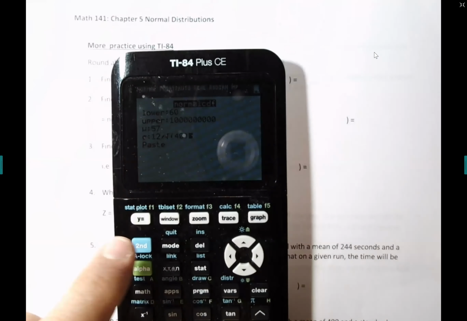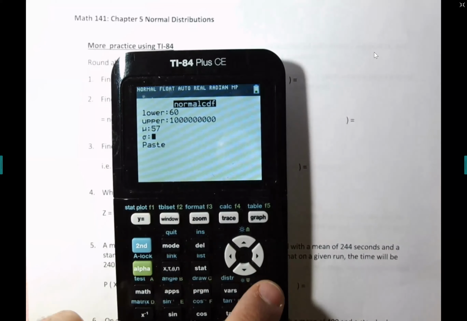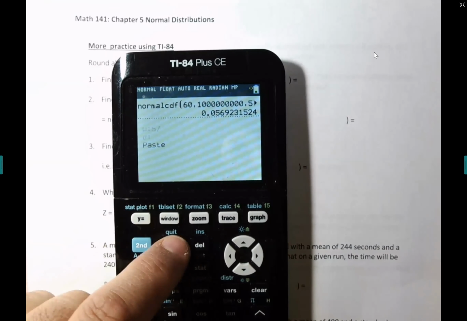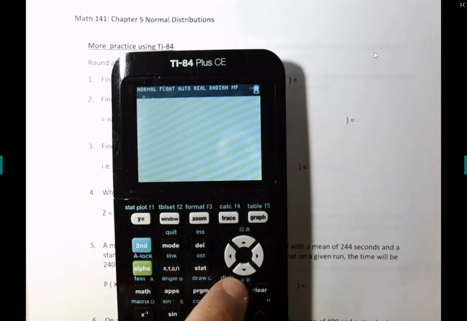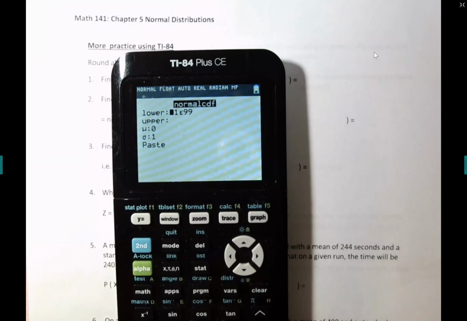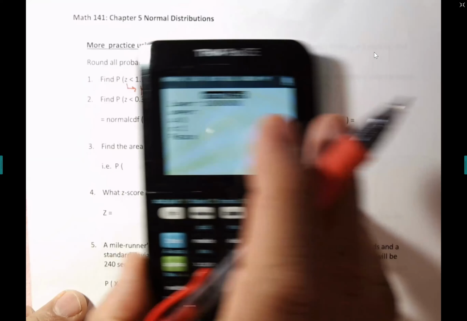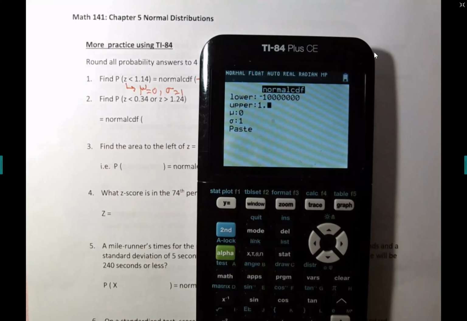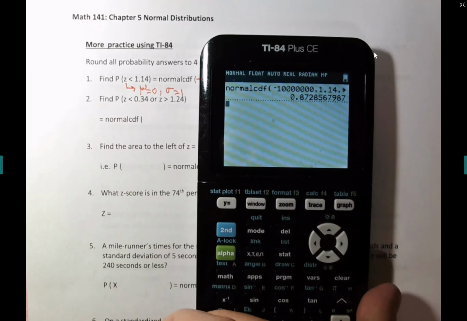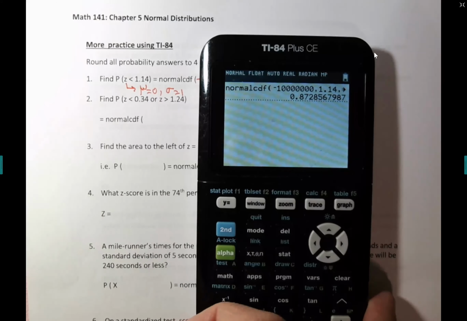Second, distribute, Normalcdf, negative a million, 1.14. By default, it's 0, 1 anyway. The answer is 0.8729.